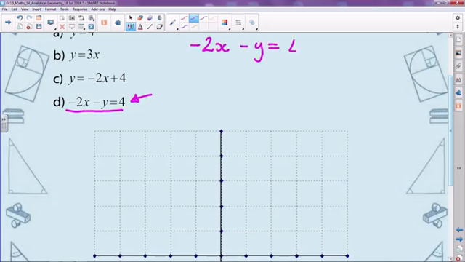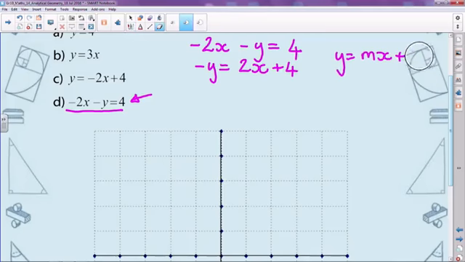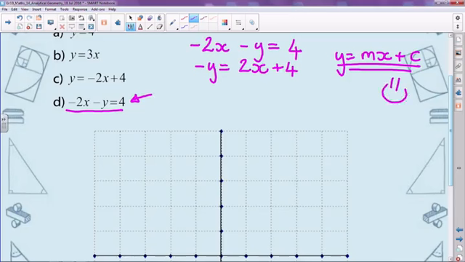You may ask why we're going to make y the subject of the formula. The reason is because the formula is actually y is equal to mx plus c. So it's just about making us feel more happy.